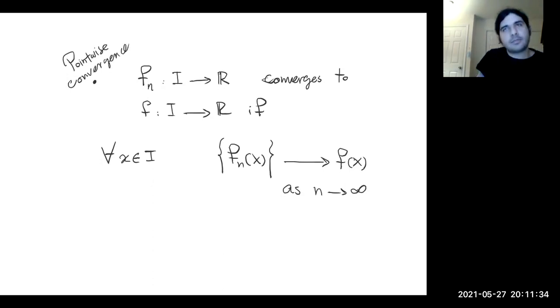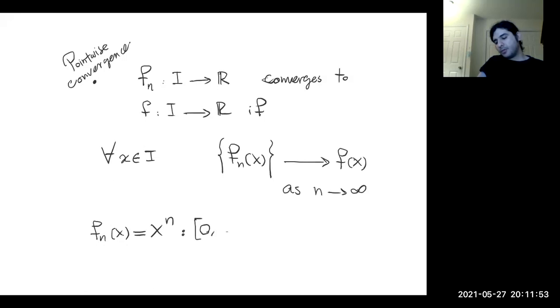This is, in some sense, the most basic type of convergence. So one example you can look at is, suppose Fn of x is equal to x to the n, and suppose we are defining it on the interval from 0 to 1 to R. So the first element of this sequence is the function x.